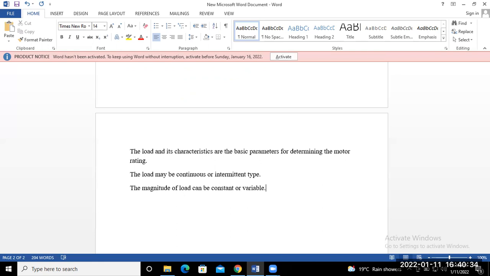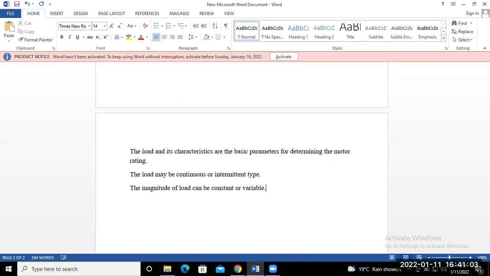Environmental conditions should always be taken into account where you drive the load: external temperature, cooling methods, humidity, density, and dust or dirt. Vibration and shocks are also important factors that determine the design and construction of the mechanical transmission and the type of motor.